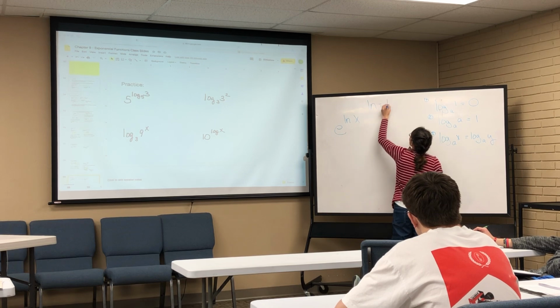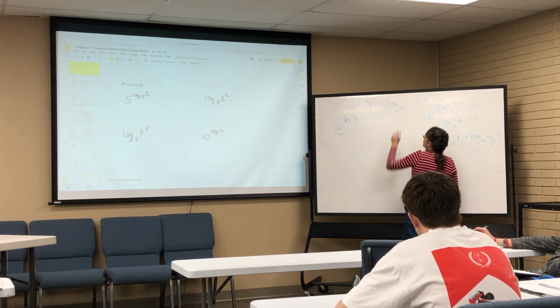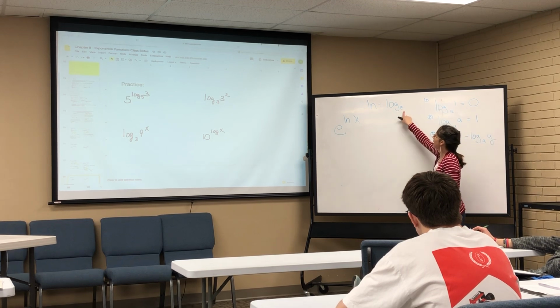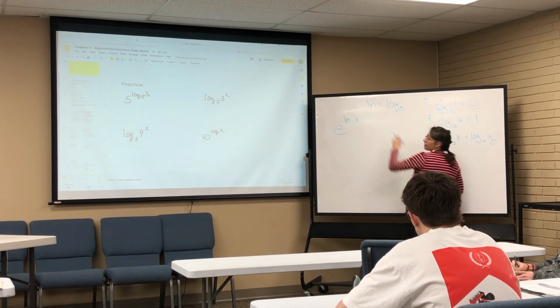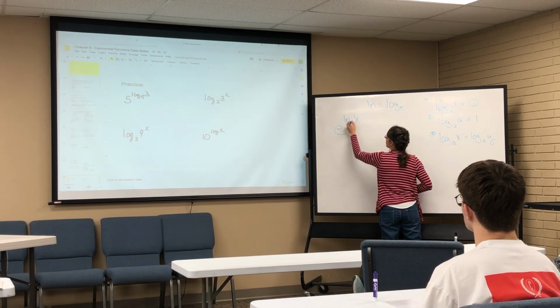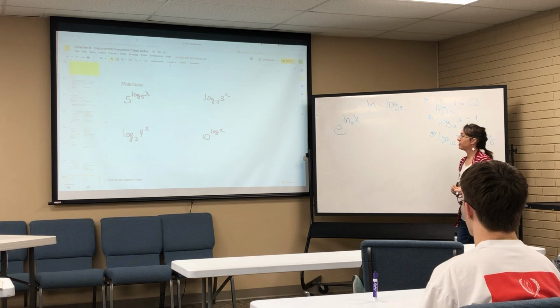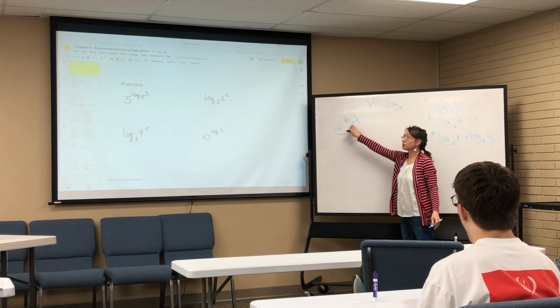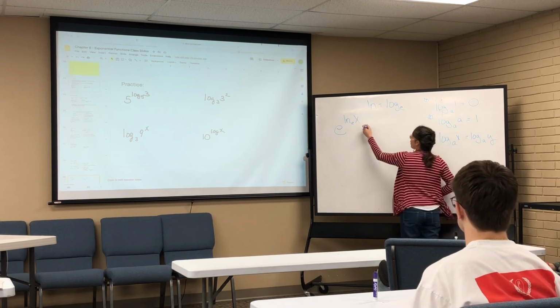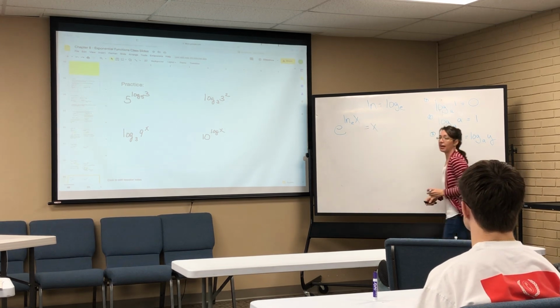Natural log is log with a base of e. Okay, so anytime our base is e, it's rewritten as natural log. So this really means base of e. So we have a base raised to the matching base. So our answer is still just x.